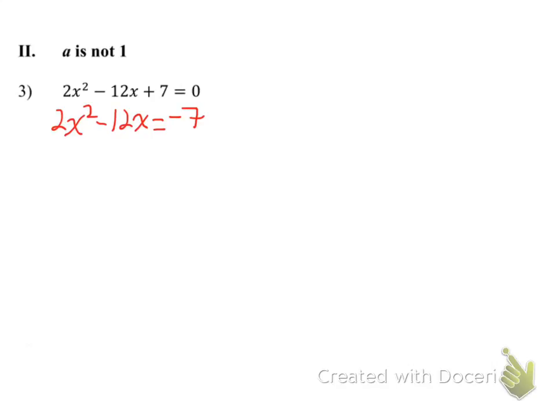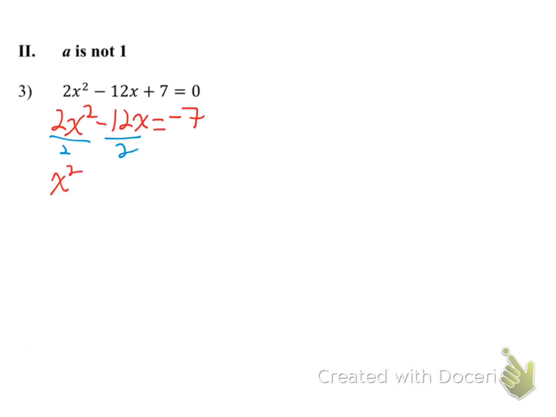Now we have that. We need to get this 2x squared into just a regular x squared. So we need to turn it from 2x squared to x squared. And the only way that we can do that is by dividing this by 2. 2 divided by 2 gives you the 1 that's in front of this x squared. But we can't just divide this by 2.